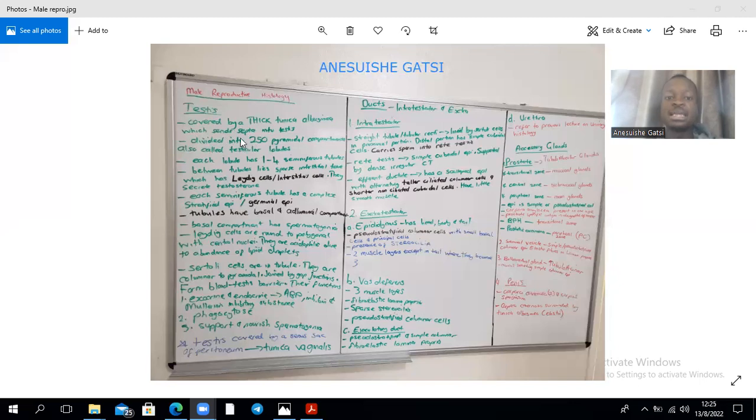The inner layer of the tunica albuginea is the tunica vasculosa, vasculosa because it's loose connective tissue that contains blood vessels. And the outer layer doesn't have all that.